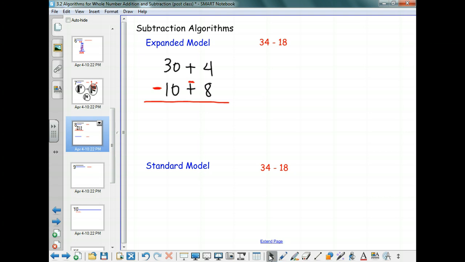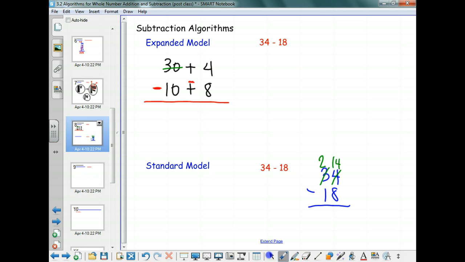So when I borrow from a number, let me do the standard algorithm down here so you can see what we do. When I have taught or learned the standard algorithm, what I say is I can't take 8 away from 4, I have to borrow. So I take my 3 and I turn it into a 2, and my 4 becomes a 14.